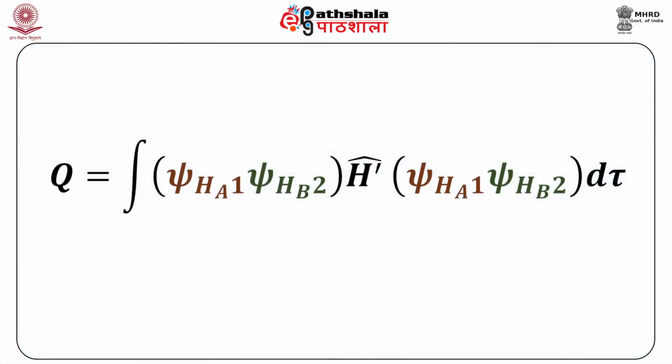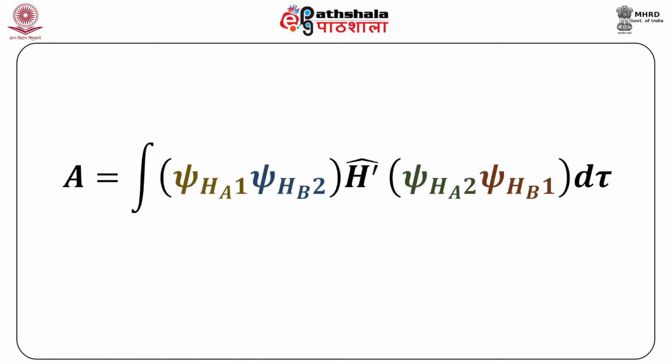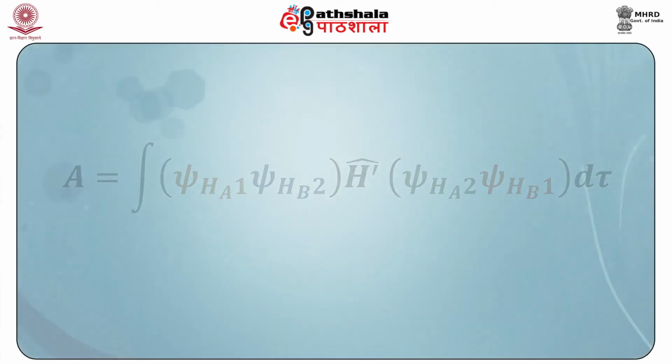As you can see, Q is equal to integral psi HA1, psi HB2, H prime cap, then psi HA1, psi HB2 d tau. Whereas A is equal to integral psi HA1, psi HB2, H prime cap, psi HA2, psi HB1 d tau.